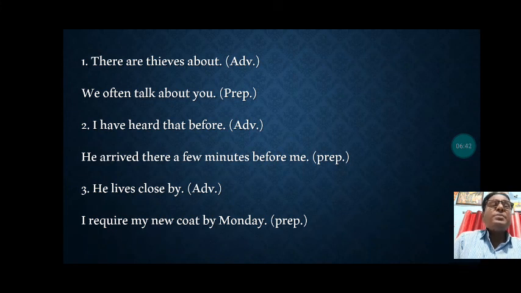There are thieves about. We often talk about you. I have heard that before. He arrived there a few minutes before me. So you can see here what is different about adverb and preposition. The same word, about. In the first sentence, there are thieves about, naturally that is here.